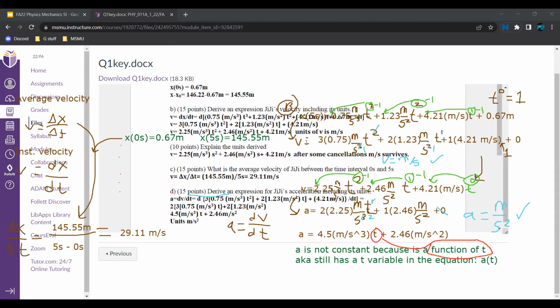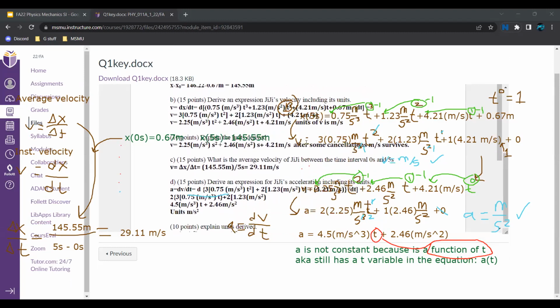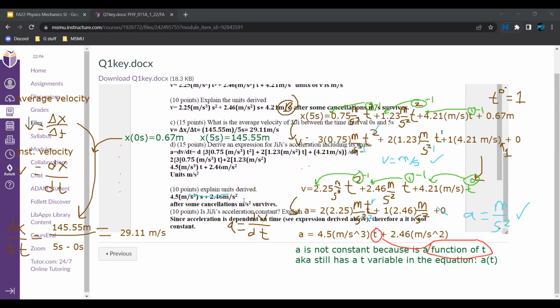Cool. And then, yeah, the average velocity was 21.1 meters per second. Check. Acceleration: this is here. Then this is our acceleration, which is right here, and it is the same.